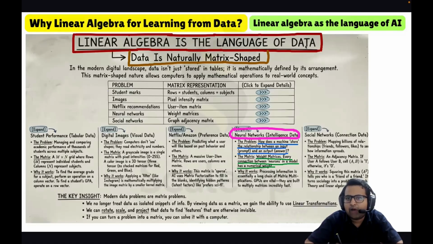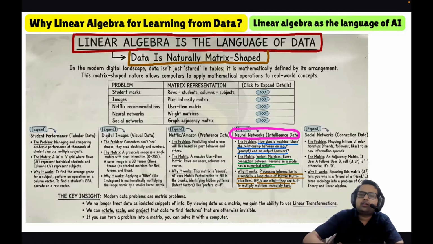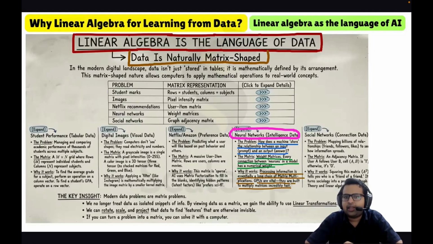And let us see how our problem will be solved. Processing information is essentially a long chain of matrix multiplications. This is why GPUs are so vital. They are built to multiply matrices incredibly fast. So if we represent the relationships in the form of a weight matrix, then computation will be very efficient because GPUs are made to carry out billions of operations simultaneously.